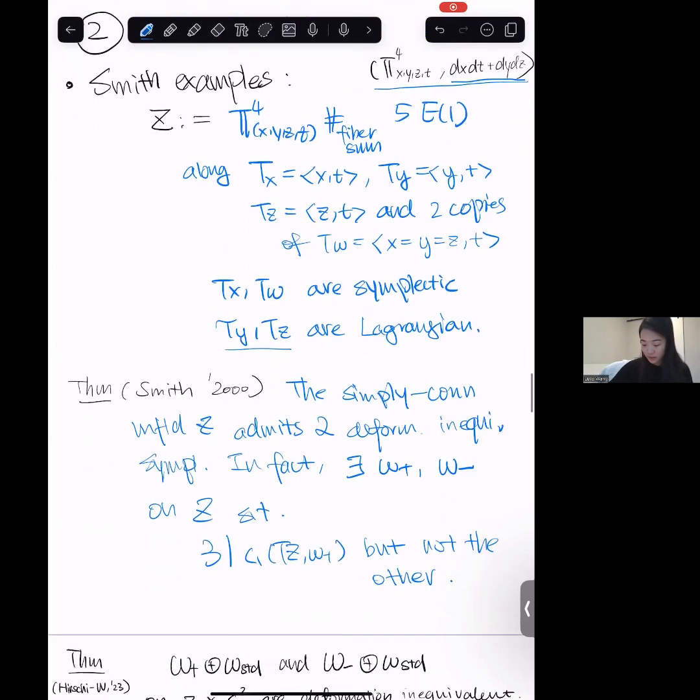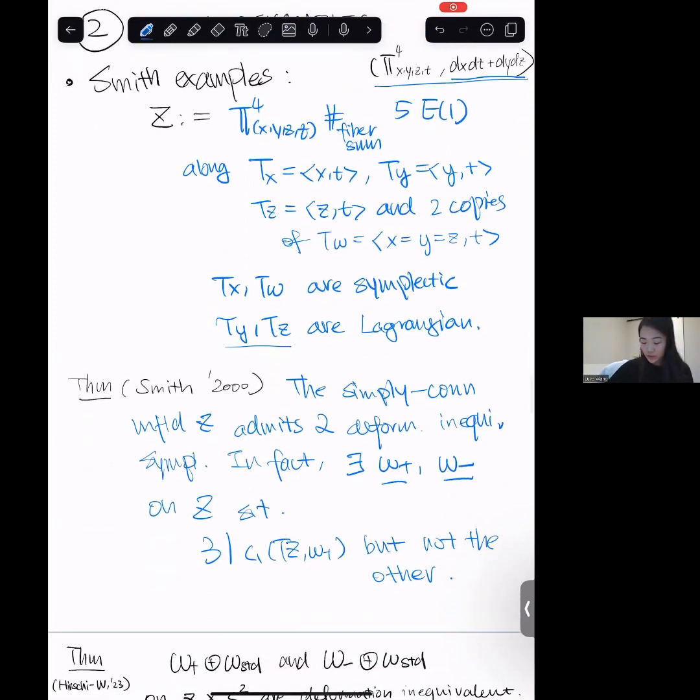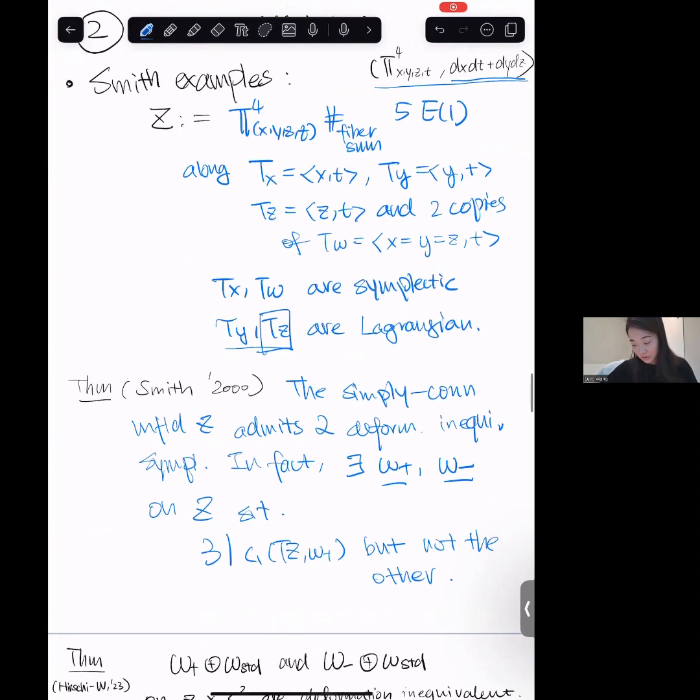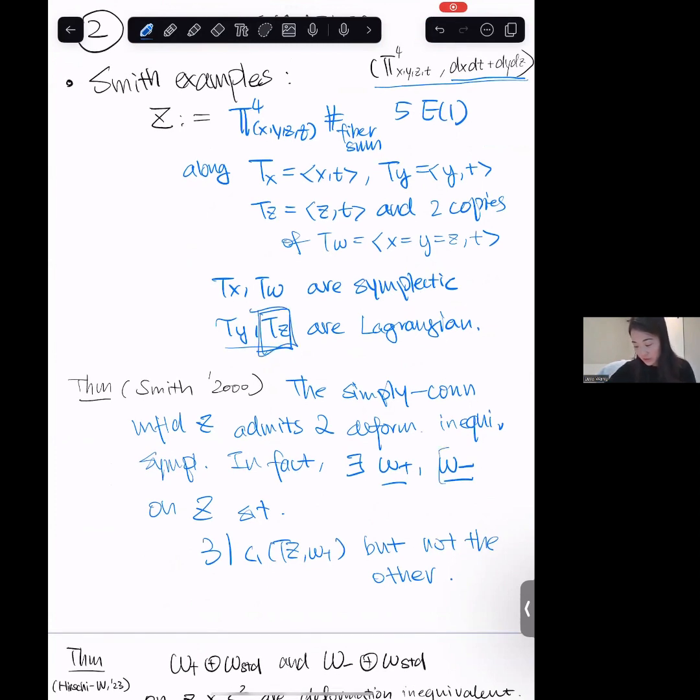These omega plus and omega minus, you can think of as choosing different perturbations on Tz, so that the symplectic form on the perturbed submanifold is now either agreeing with the original choice of orientation on Tz or disagreeing with it.